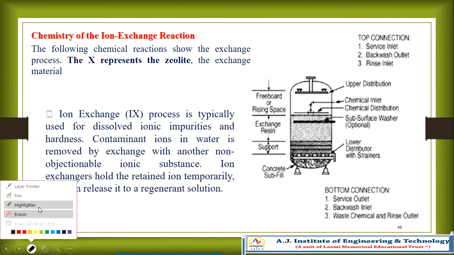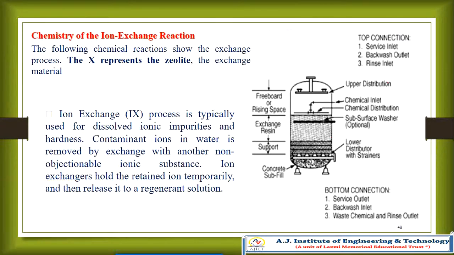Before going to that, we can see here the freeboard or rising space, and this is the upper distribution. The top connections will be service inlet, backwash outlet, and rinse inlet. The bottom connections will be service outlet, backwash outlet, and chemical rinse outlet.